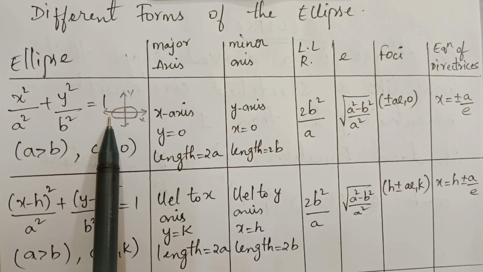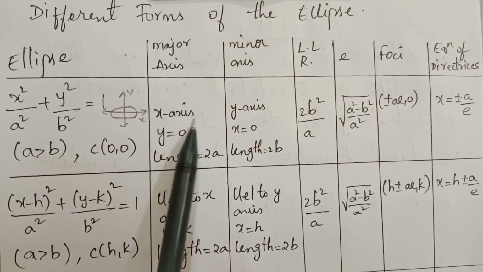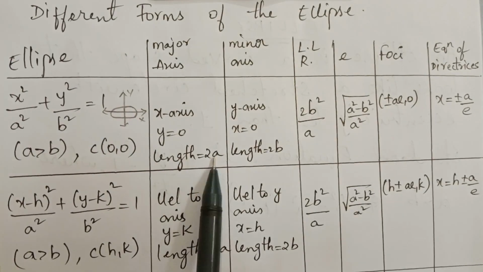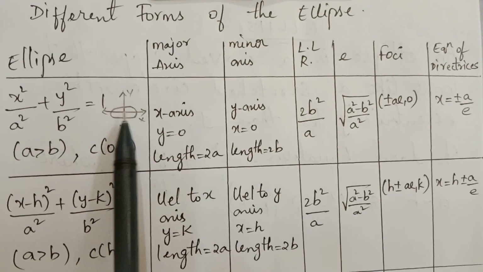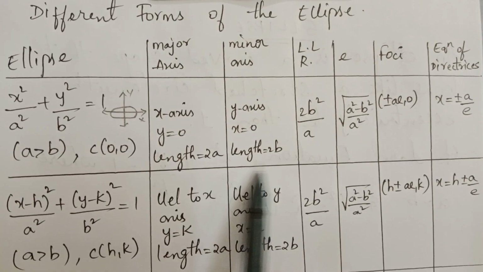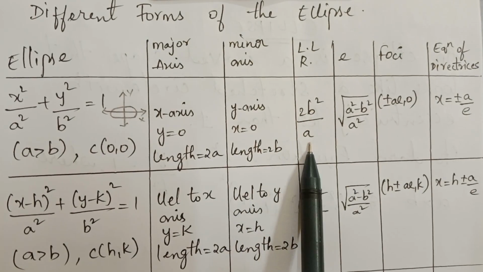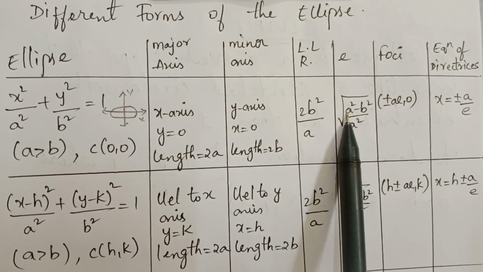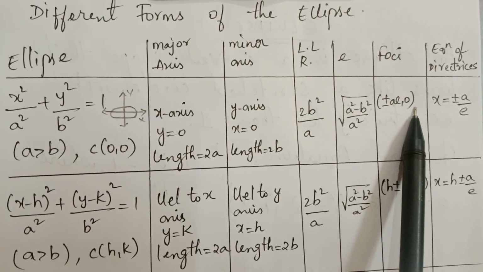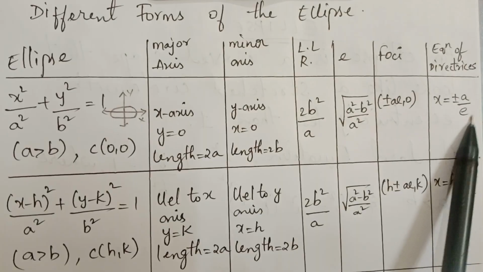The major axis here is the x-axis, whose equation will be y equals 0, and the length of the major axis will be 2a, whereas the minor axis is the y-axis, whose equation is x equals 0, and its length will be 2b. Length of the latus rectum is 2b square by a, and the eccentricity is root of a square minus b square by a square. Foci is given by plus or minus ae comma 0, and the equation of the directrix is x equals plus or minus a by e.